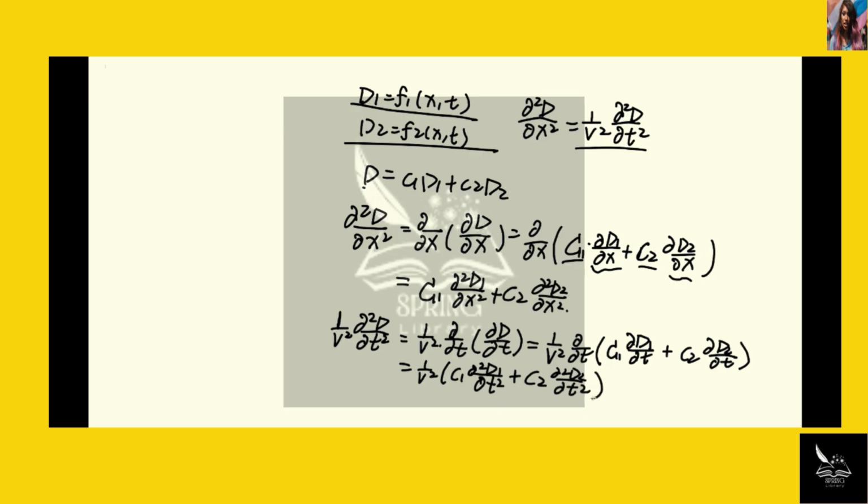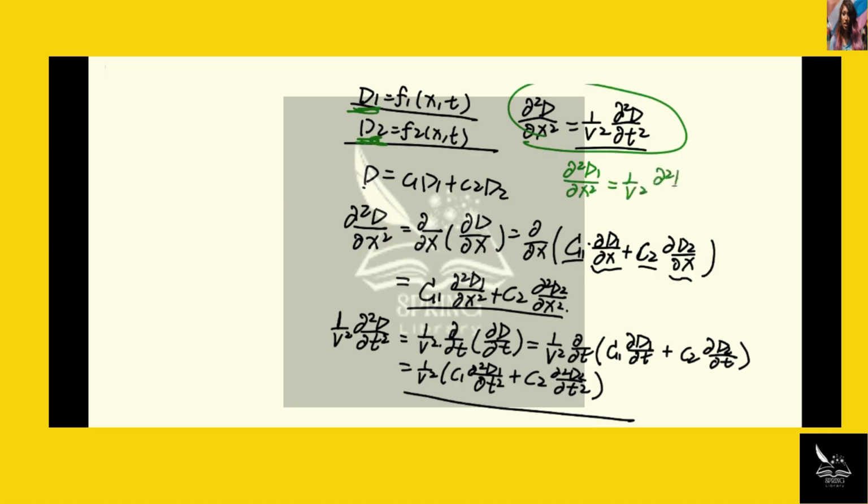Okay, now we look at these. Since both d1 and d2 satisfy this equation, then the second derivative of d1 with respect to x will equal 1 over v squared times the second derivative of d1 with respect to t. So this term will be equal to this term.